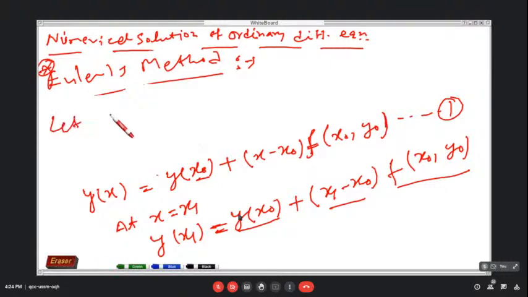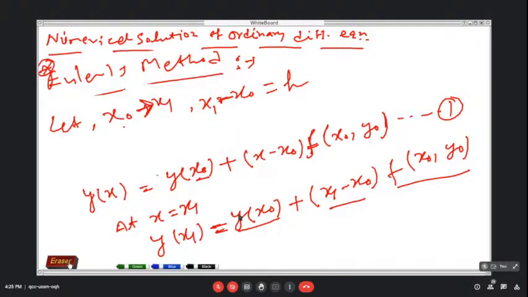As I said, we can decide this step. From x0 to x1, that step, x1 minus x0, we can define as h, that is, what is the step size you are taking. If you add h to x0, which is given, then you will reach x1, right?